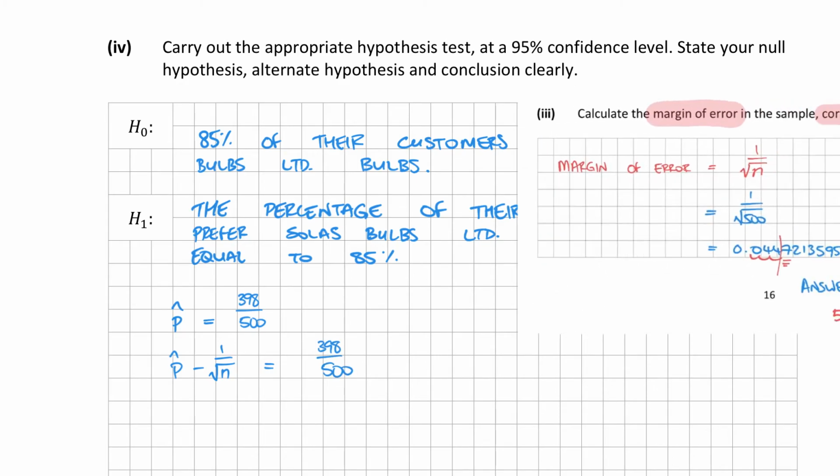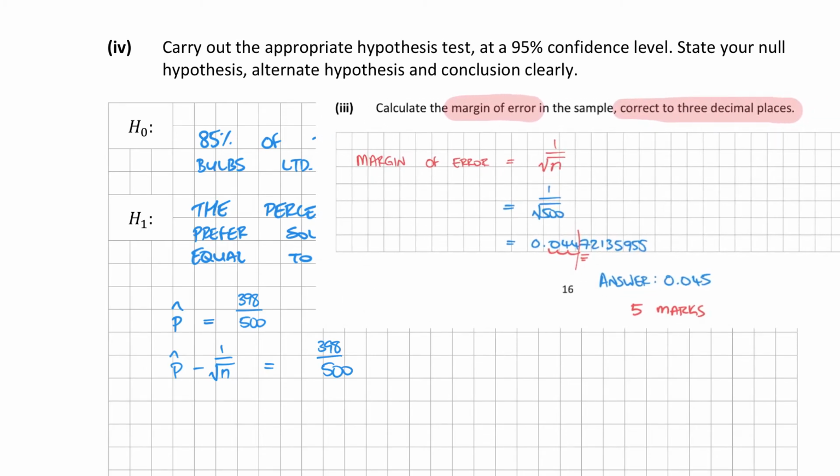And we need to subtract the margin of error. And we know from the last part of that question, the margin of error is equal to 0.045. So subtract 0.045. And that there will equal 0.751. So we now have our lower limit.